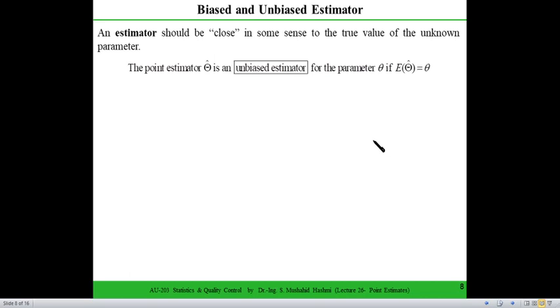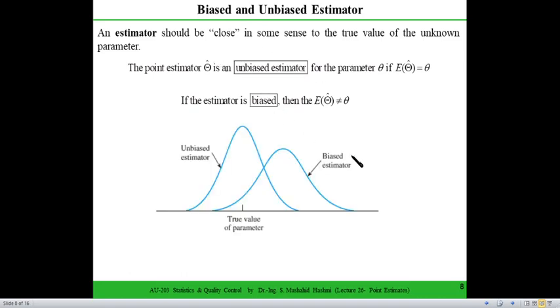We could have different estimators: sample mean, sample variance, and sample proportion. These are all estimators. If their expected value is the same as the population parameter, then it would be called an unbiased estimator. If this condition is not satisfied, then such an estimator would be called a biased estimator.